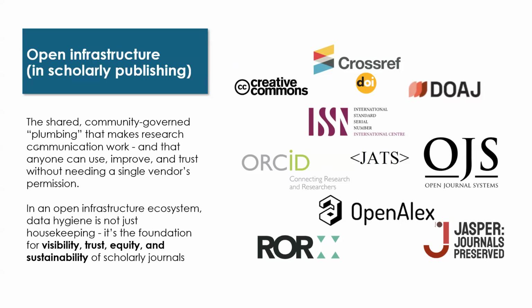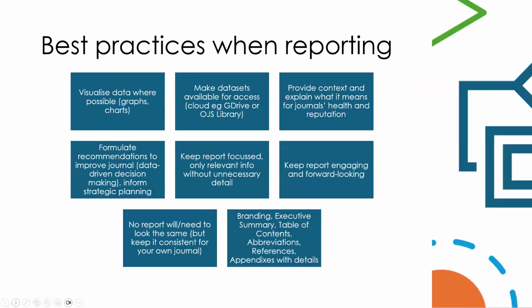So, open infrastructure refers to the shared, community-governed plumbing that makes research communication work and that anyone can use, improve, and trust without needing a single vendor's permission. In an open infrastructure ecosystem, data hygiene is not just housekeeping. It's the foundation for visibility, trust, equity, and sustainability of scholarly journals. So quality metadata has become more important than ever before.